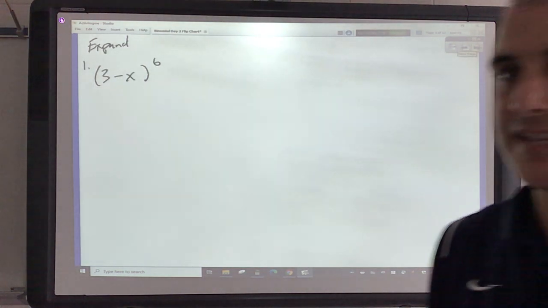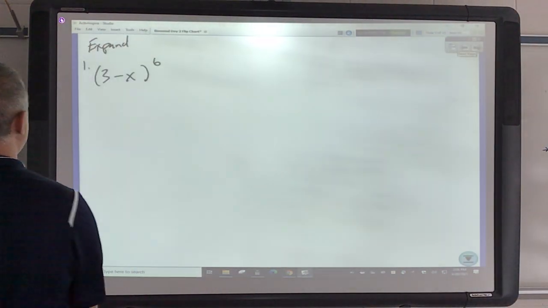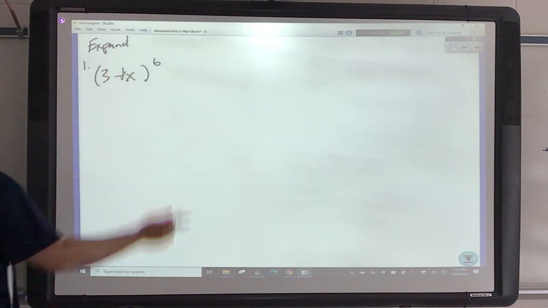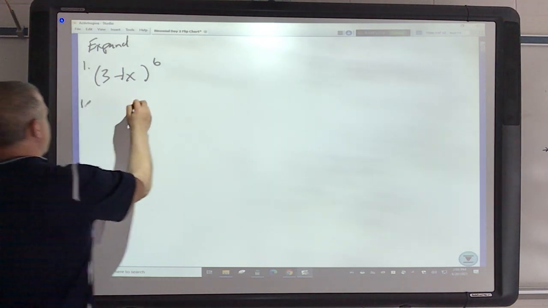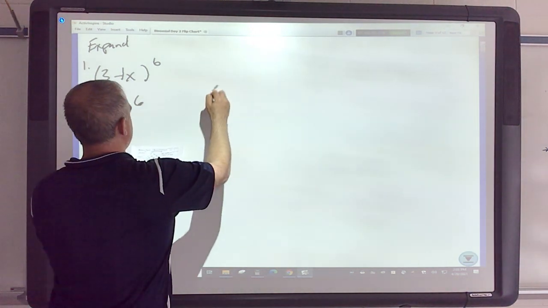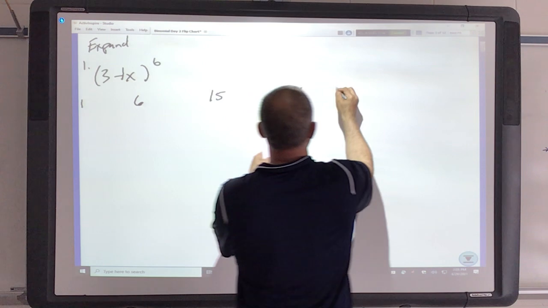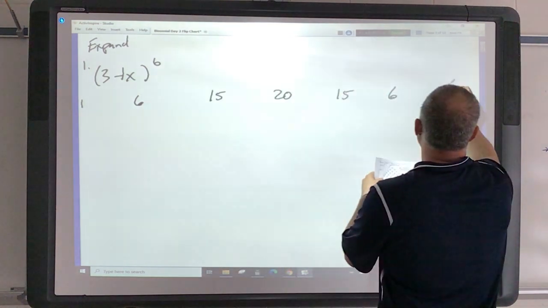We've got this one to the 6th power, so you have to be careful. This is a negative 1x. For the 6th, it goes 1, 6, 15, 20, 15, 6, 1.